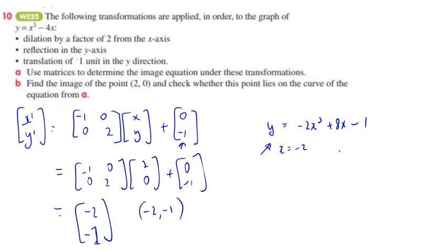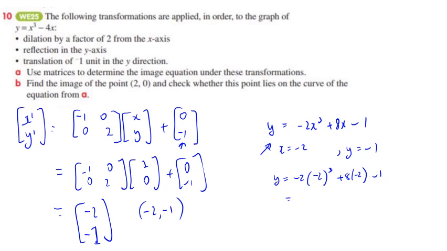And if everything works out properly, y should end up equaling negative 1. Let's see if this happens. So subbing in, we get y is equal to negative 2 times negative 2 all cubed, plus 8 times negative 2 minus 1.